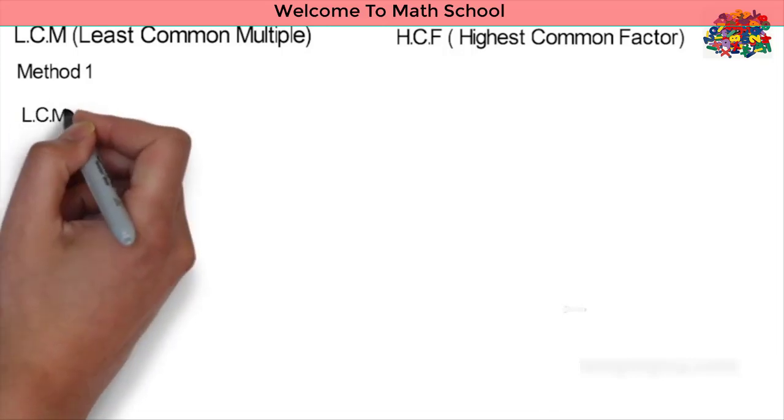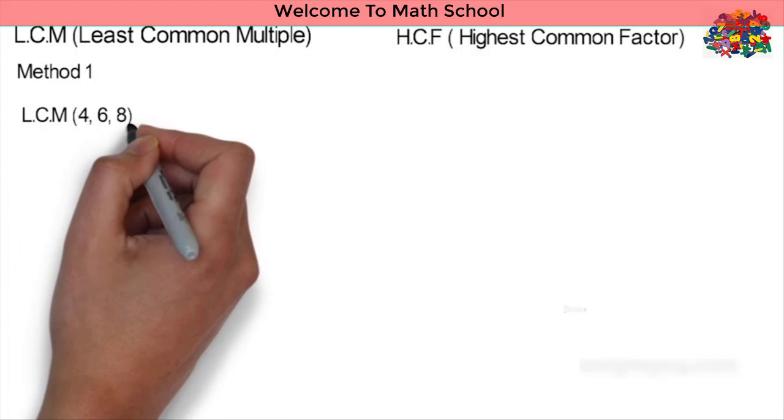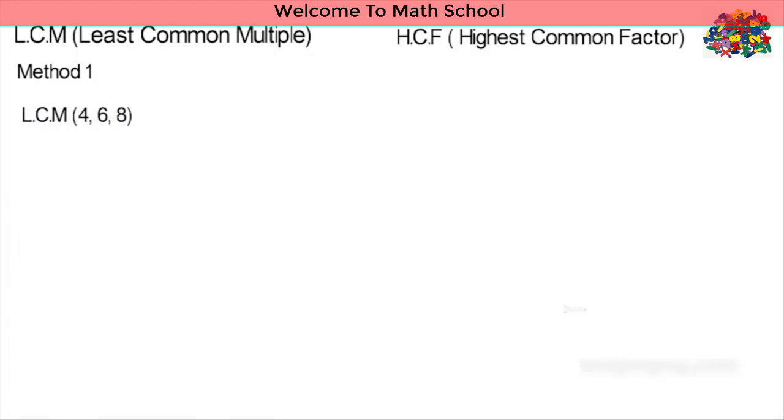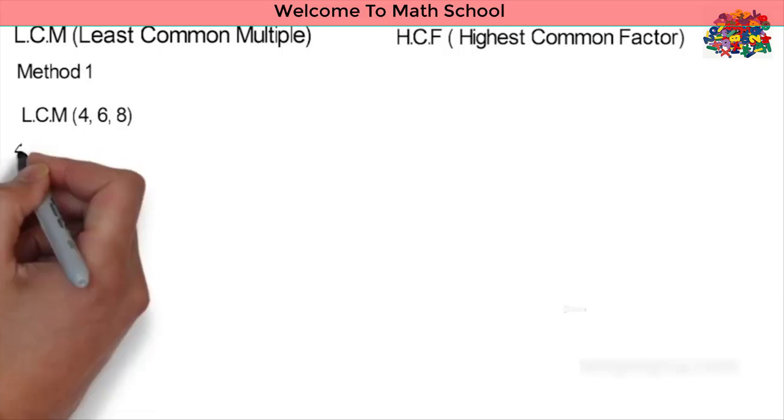Let's see how to find the LCM. Let us find the LCM of 4, 6 and 8. Whenever you are finding the LCM, the least common multiple, the first thing you can do is write down the multiples of the numbers.